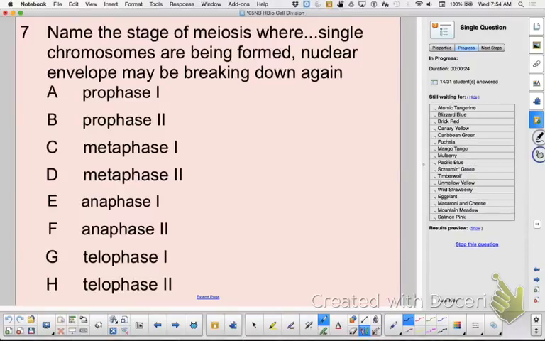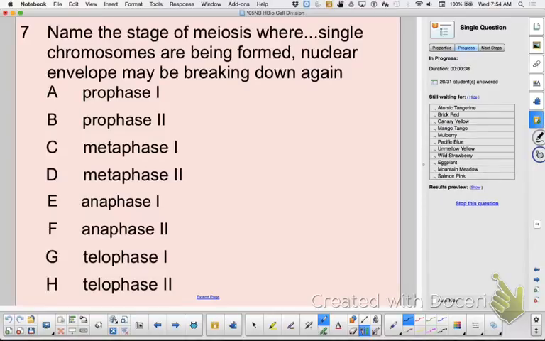What's your clue on this one? Nuclear envelopes breaking down, and on top of it, it's doing it again.